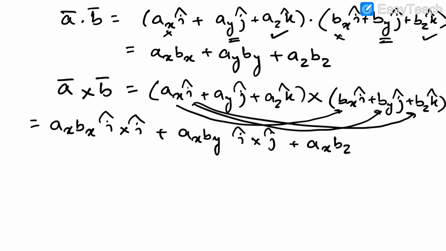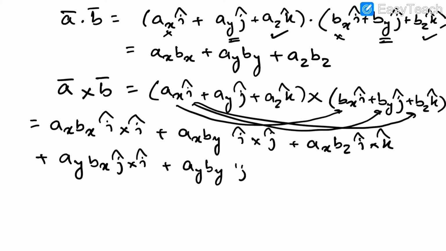ax bz i cross k, right, plus ay bx j cross i plus ay by j cross j plus ay bz j cross k. It's getting hectic, right?